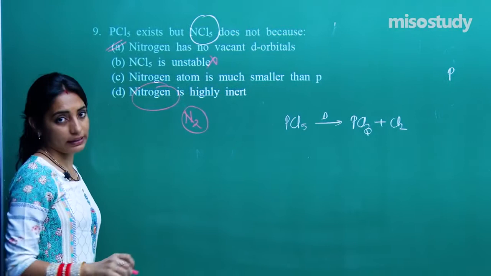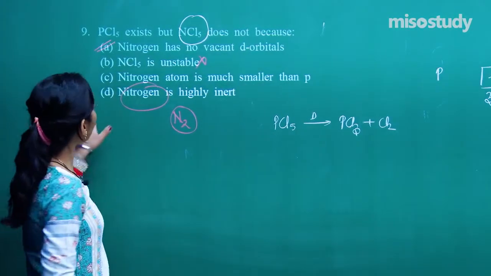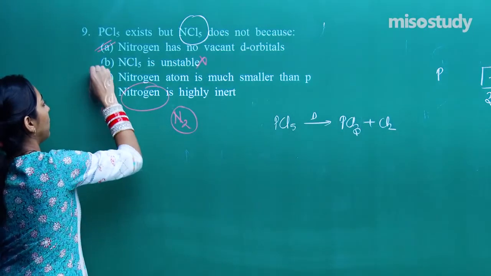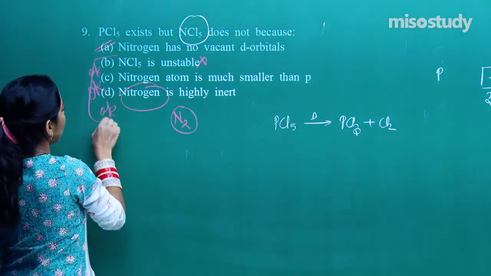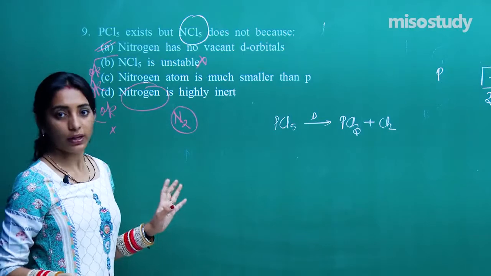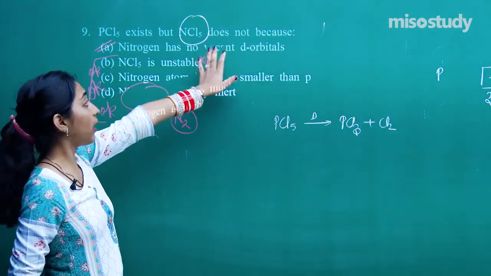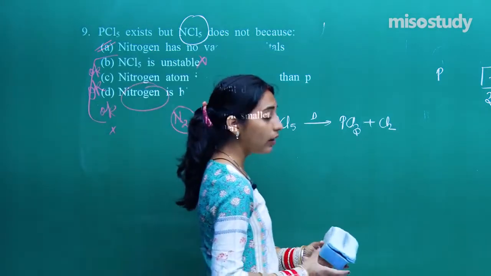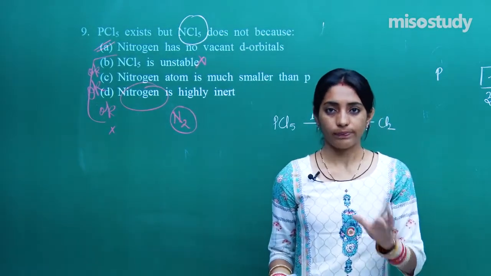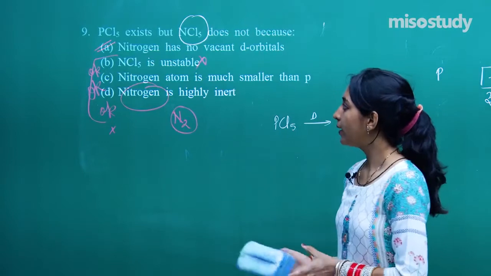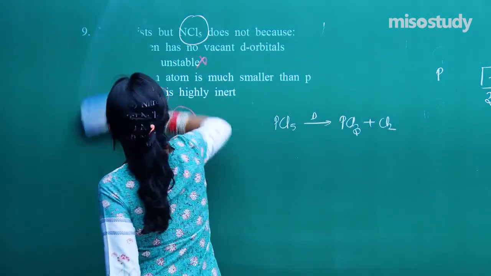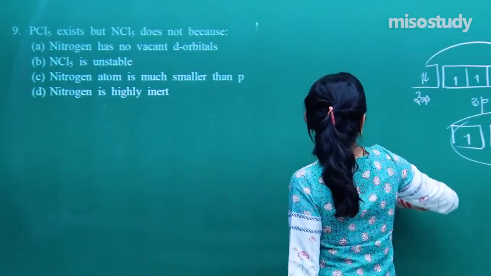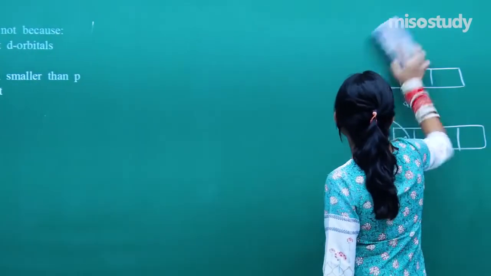N2 is highly inert, right? So all these are just okay, but these are not valid for our answer. If you need a proper answer for this question, you need to make sure you introduce the word d orbital. Fine? Okay, good one. So now having done this question also, now we have our last question.